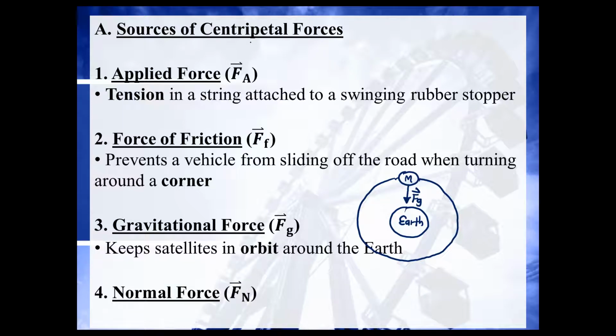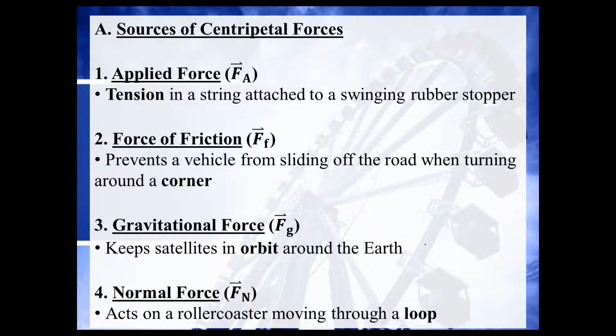Number 4, the normal force. Think about a loop-de-loop. There could be a roller coaster track where you're going around a big loop, and maybe at the very top, the roller coaster cart is upside down. And the center of your circle would be here. So the roller coaster cart would exert a force on the track.